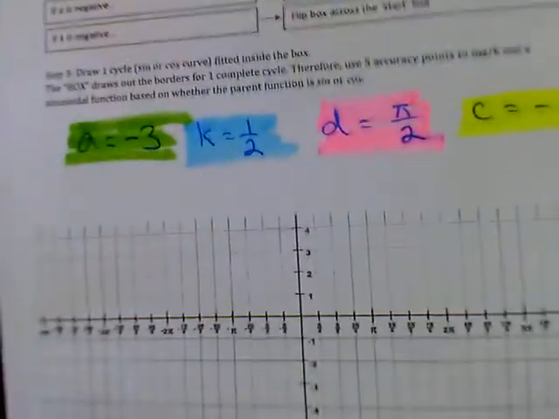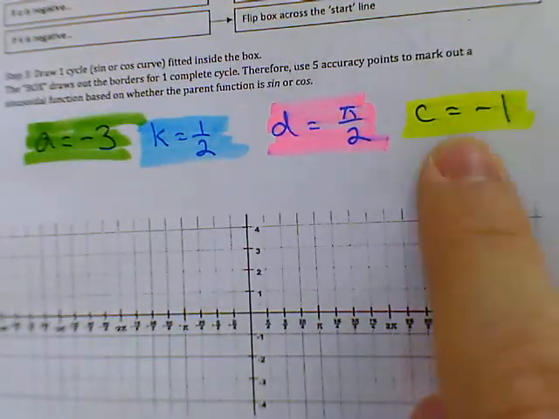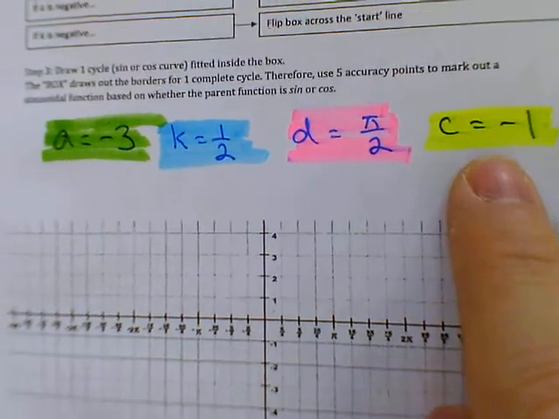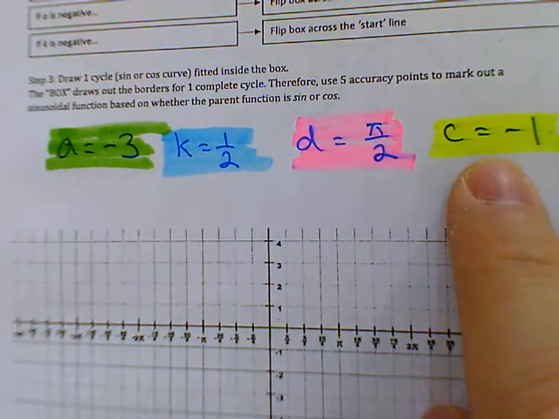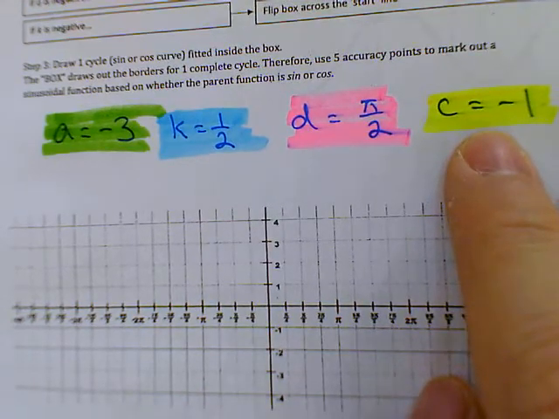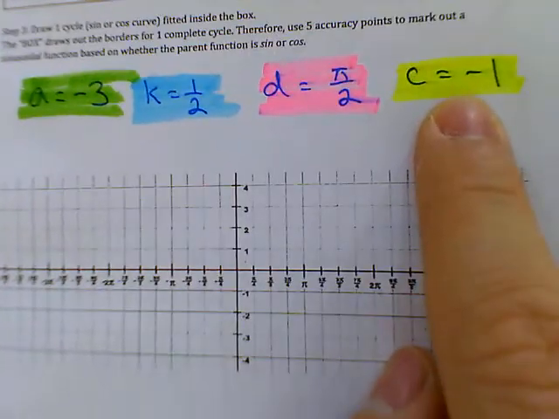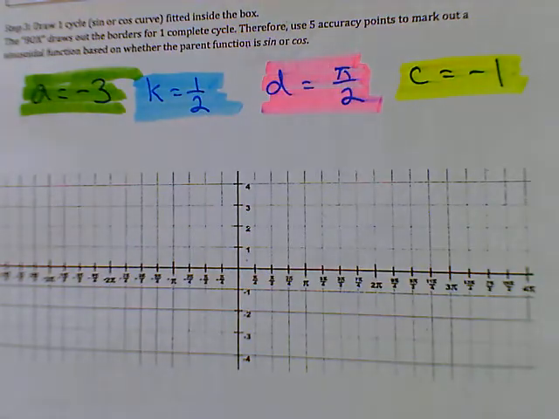Take a look at this. This is how much I've shifted. In other words, that is where my transversal axis, my mid-axis, is going to be. So whatever color you use for this, draw a dotted line at -1.